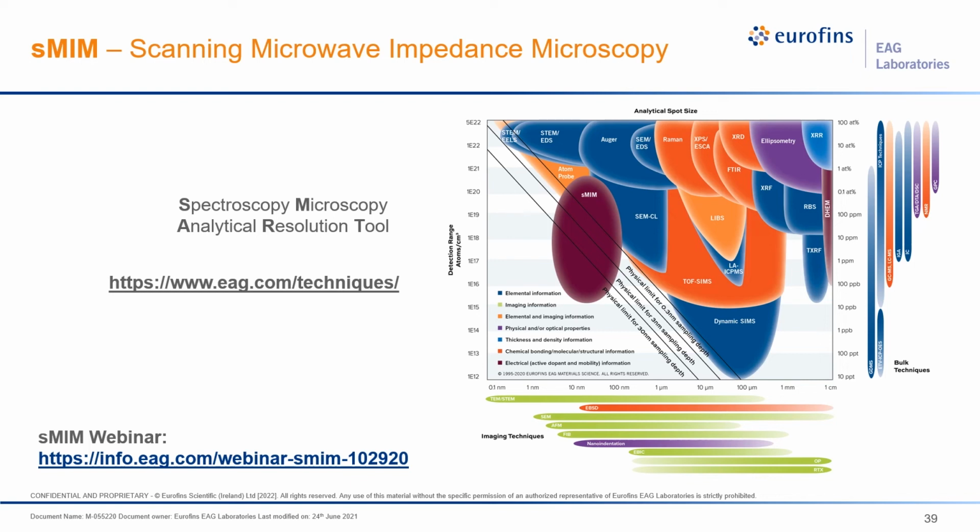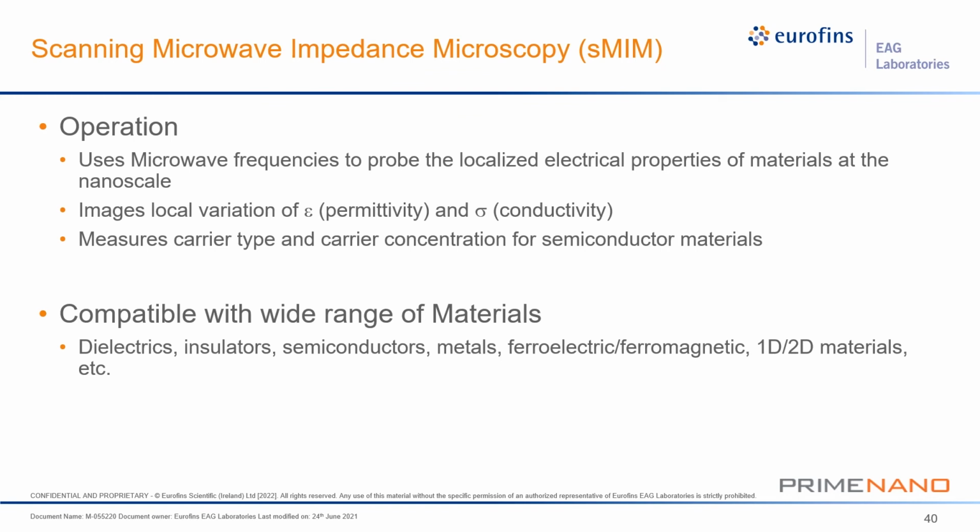I'll refer you as well to this webinar that was previously presented for more information about it. And here I'll briefly go over a few of the aspects of this technique.